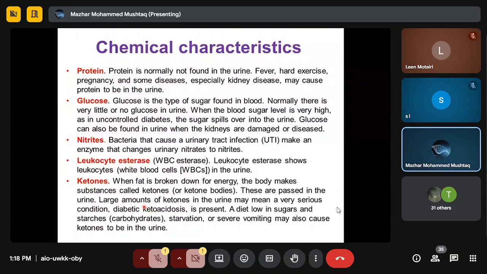Then the fat is mobilized, and the ketone bodies can be produced, which can be used as the energy source instead of glucose. So these are some of the characteristics of them, along with some of the features.